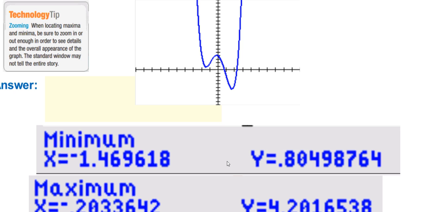I need to know what kind of an extrema value this is and what it is to the nearest hundredth as we look at that. So Kelsey, for that first one that we found, what kind of an extrema value is it, and what is its ordered pair coordinates?